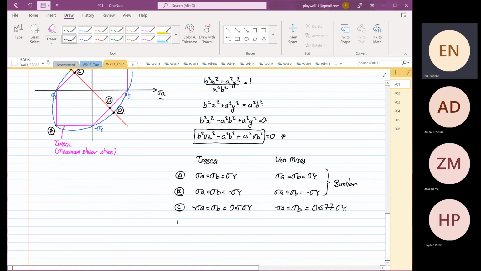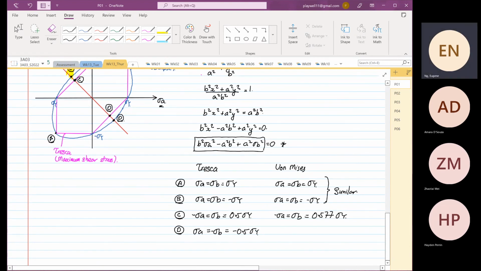And likewise, if we were to look at point D, you will have stress A is equal to minus stress B, and this is equal to minus 0.5, right? Point D, you will get minus 0.5 stress U. Am I right? At point D, you have stress A. No, hold on.